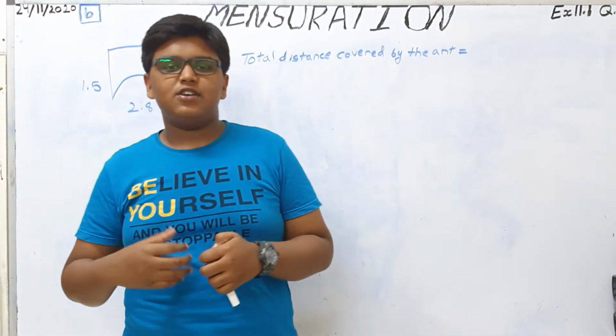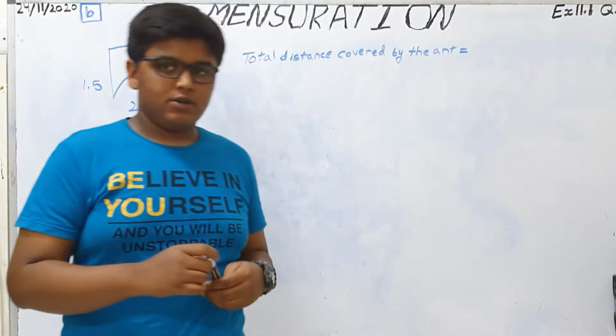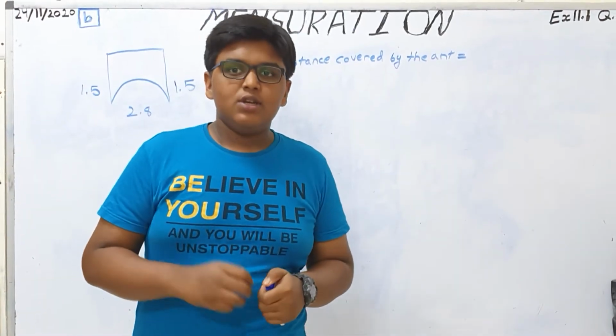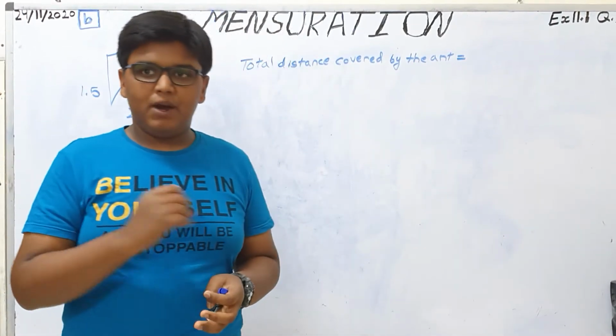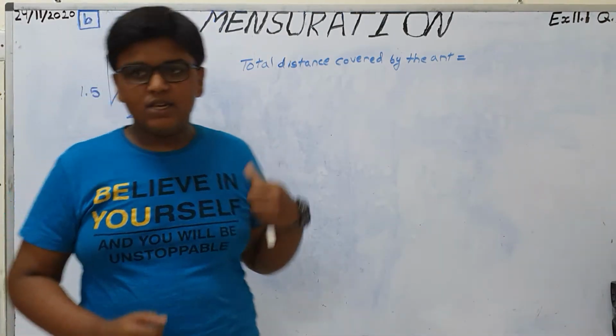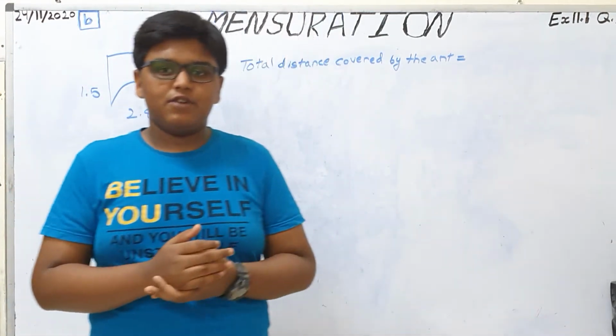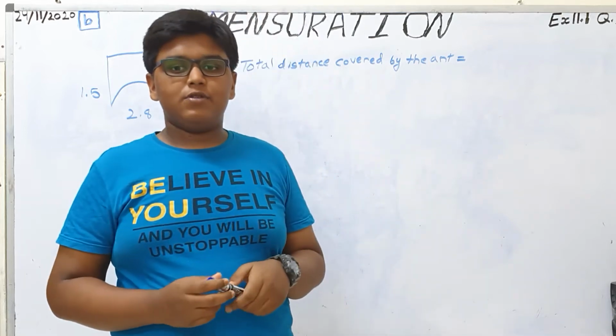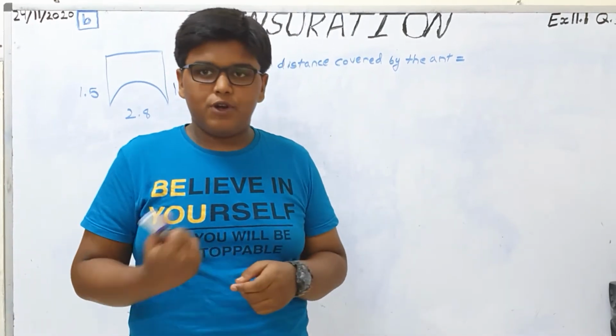So in part A we covered 4.4. Actually there are three parts in this question. We covered part A, and now we are doing part B. In part A we found the circumference as 4.4.